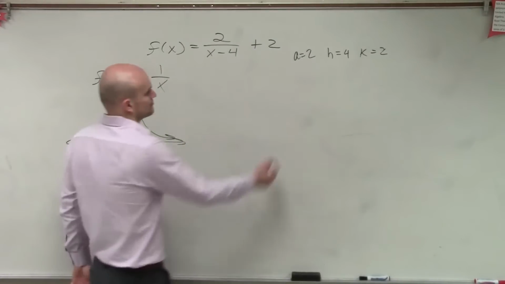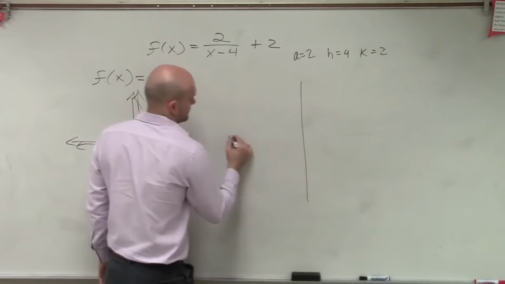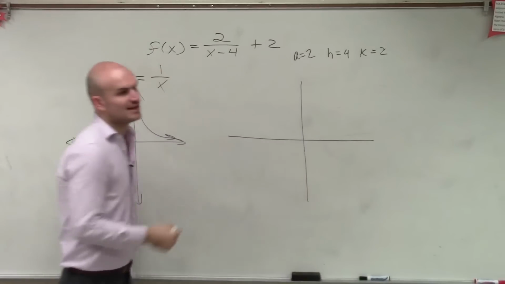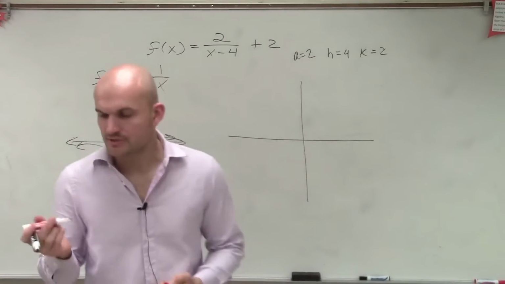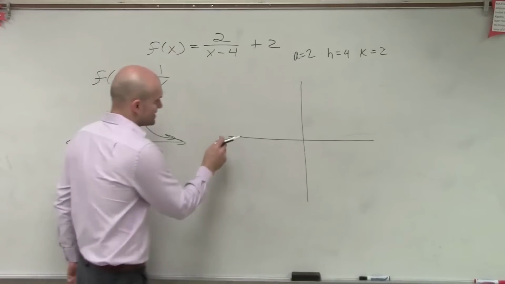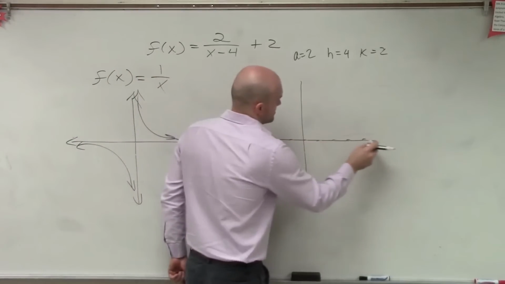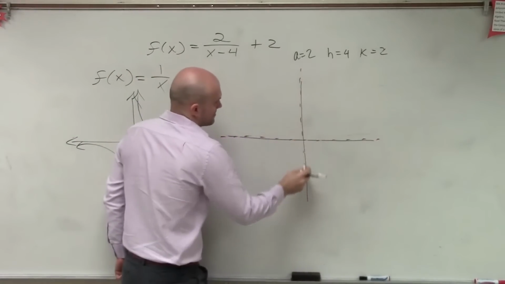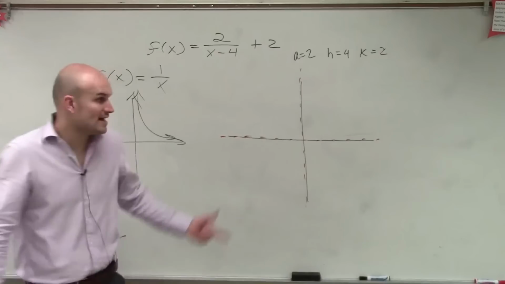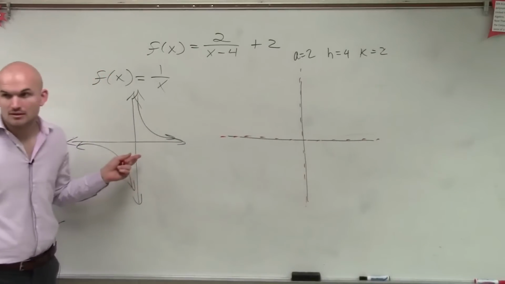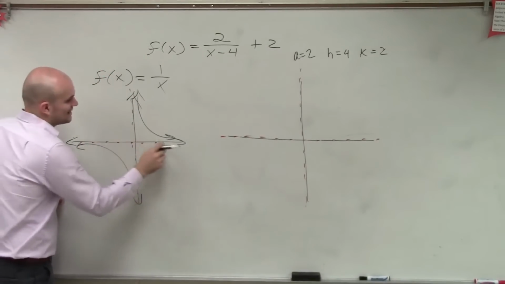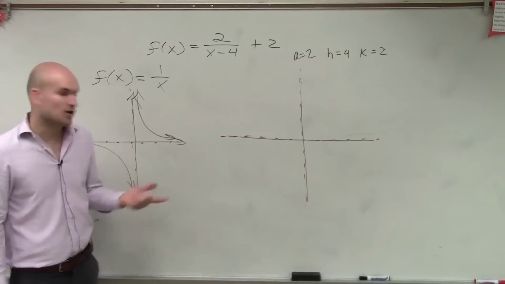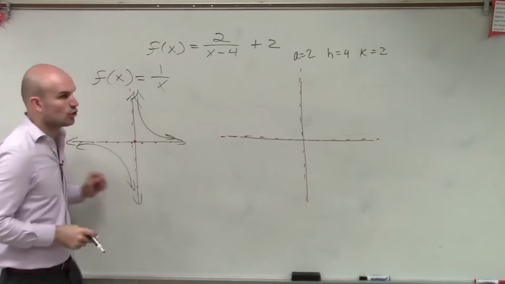Now, here's the way I like to do it. You know we have asymptotes right now that are along the x-axis and along the y-axis. We know that's where they exist. Notice that my asymptotes intersect at the origin.